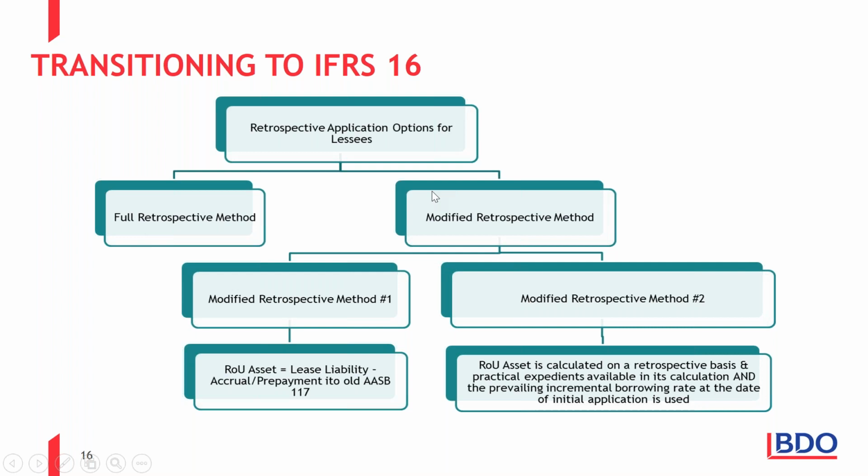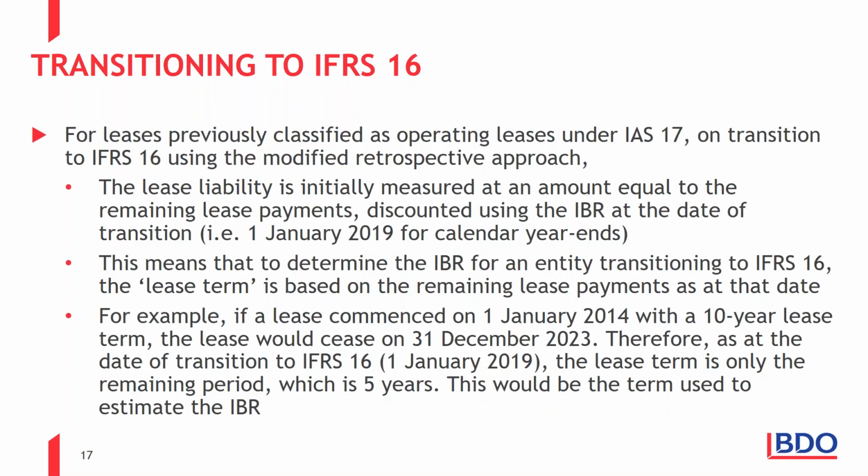When you use the modified retrospective methods, whether it's 1 or 2, you use the incremental borrowing rate at the date of initial application of IFRS 16. So if you've got a 30 June 2020 year end, you would have used incremental borrowing rate on 1 July 2019. So again, important to consider all of those.